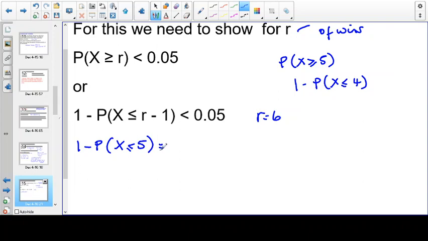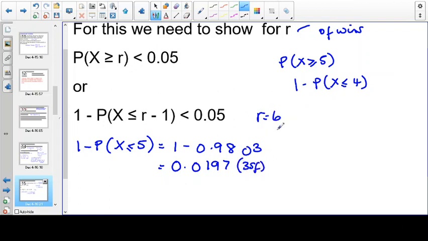If I work that out, I'll get 1 minus 0.9803, which is 0.0197 to 3 sig figs.